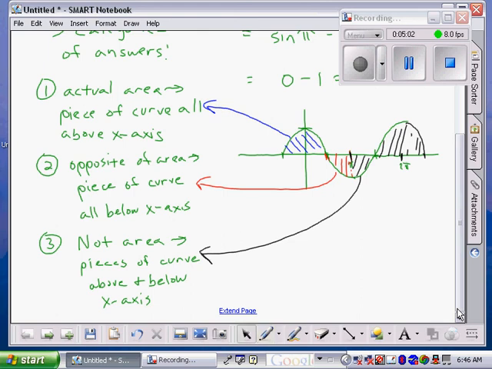Yes. Just wanting you to know, because test-wise, I could ask you to draw an illustration showing me a definite integral where you're finding the actual area, and you could just do what I did in blue there. Or I could ask you to show me an illustration of a definite integral where you are finding the opposite of the area.